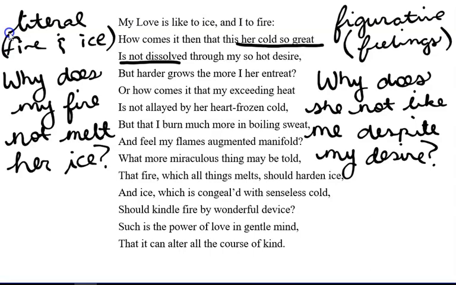Because what he's thinking is that just like fire would melt ice, he thinks that his desire for her would melt her cold heart, would make her begin to desire him as well.